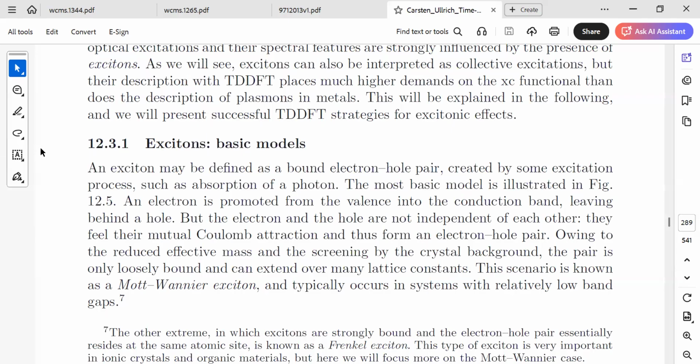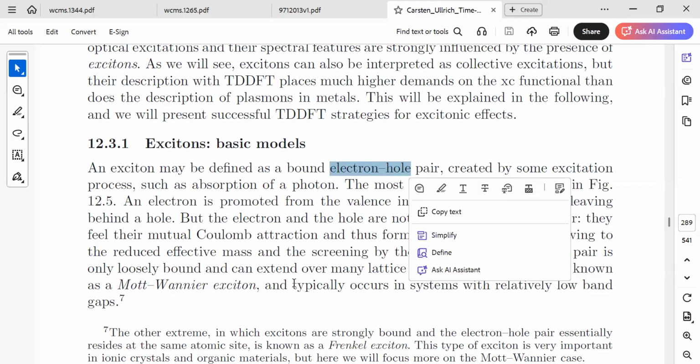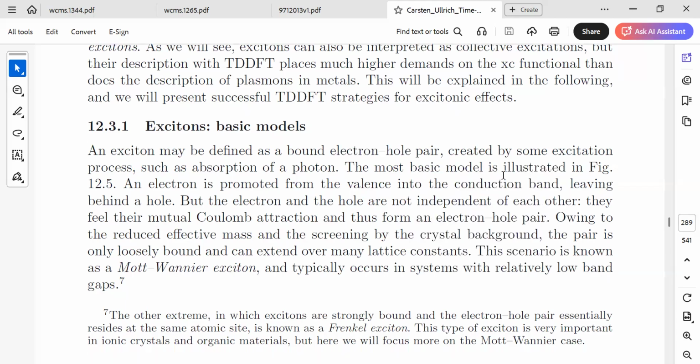But now I understand what excitons are, so I am trying to give you some feeling for it. An exciton may be defined as a bound electron-hole pair created by some excitation process.